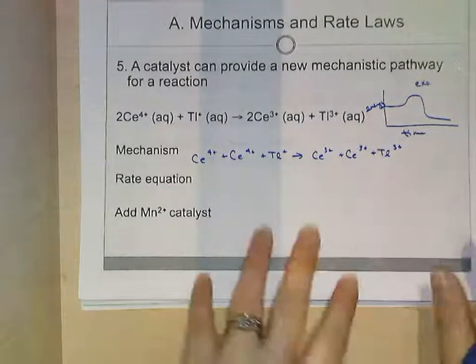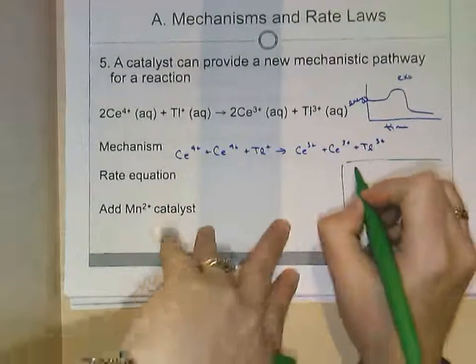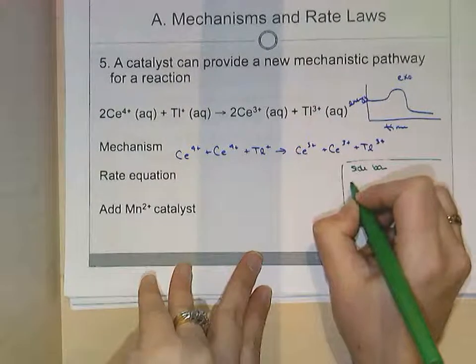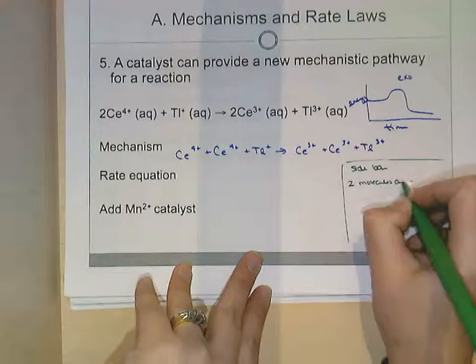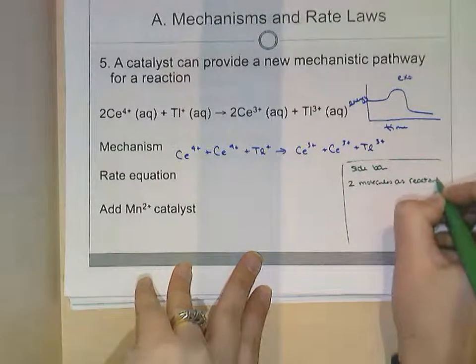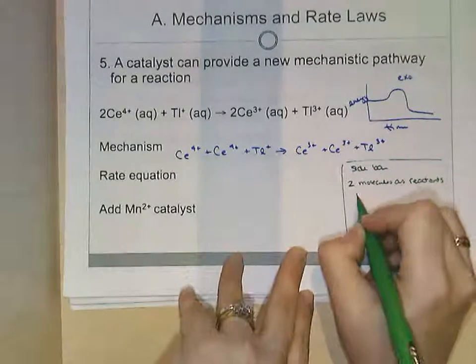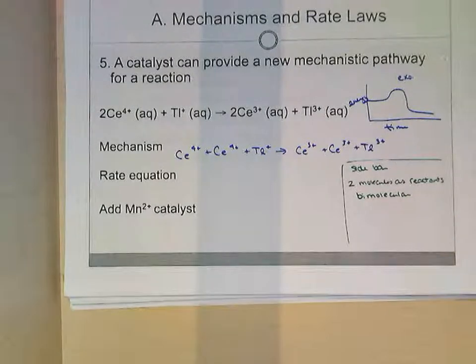Let me do a little sidebar. In this last section on molecularity, if you have 2 molecules interacting together, it has its own special name. It's called bimolecular. 2 molecules, prefix bi, 2.